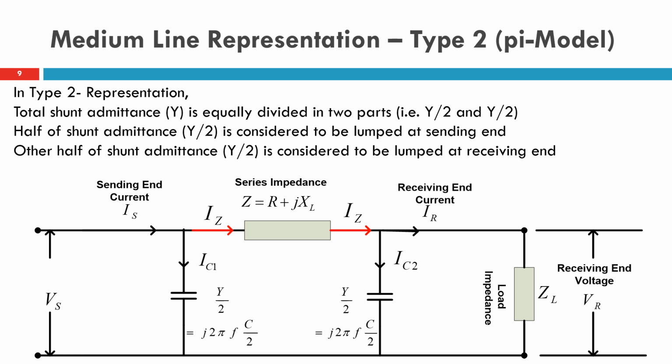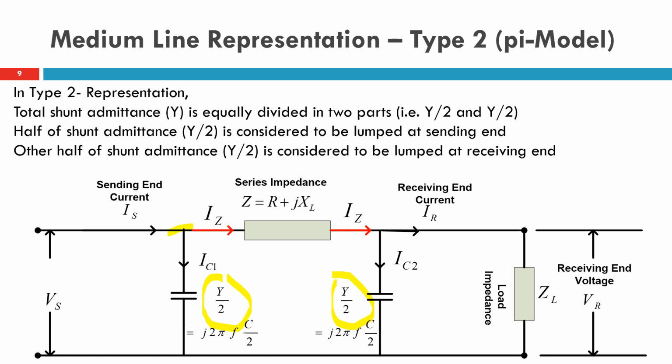If you refer to this figure, I have shown the half of the shunt admittance to ground, this Y by 2, considered at the receiving end, whereas the other Y by 2 is considered at the sending end.